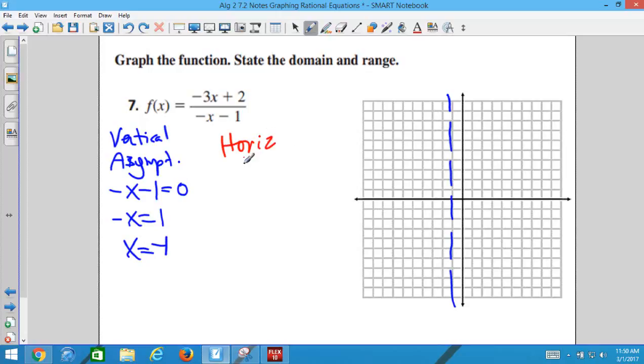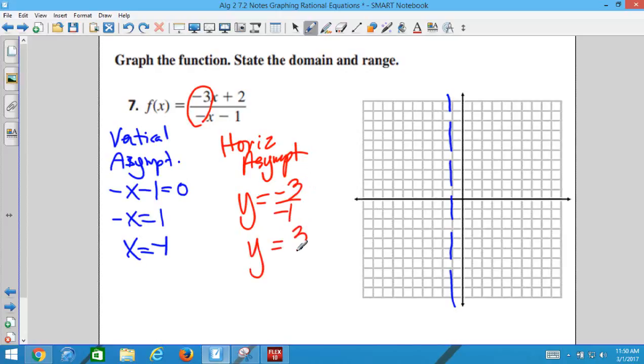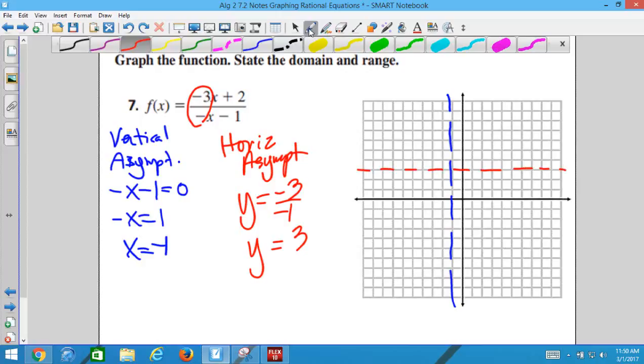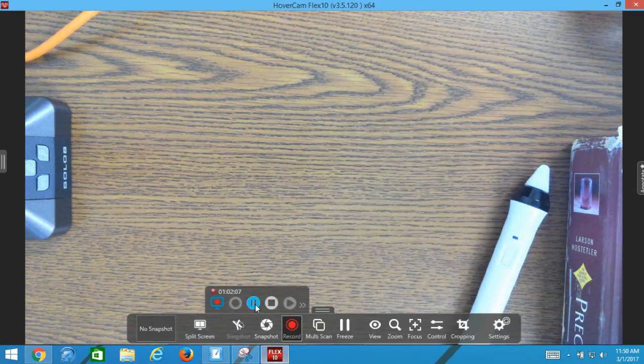Horizontal. We do y, but where do we get the numbers? It's in front of the x's, the coefficients of the x's. So we do negative 3 over negative 1. So y is 3. All right, perfect.